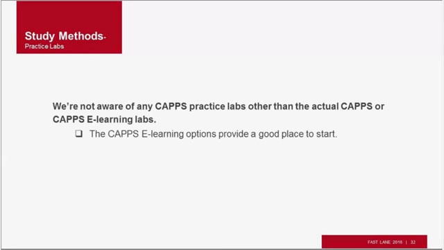We're not aware of any CAPPS practice labs other than the actual CAPPS or CAPPS e-learning labs. But the CAPPS e-learning option provides you with a good place to start. It includes all of the labs from the CAPPS course, and even if some of them are simulated, you still get the opportunity to run through all of the steps. You get access to the labs for a full year, and it's just not that expensive.